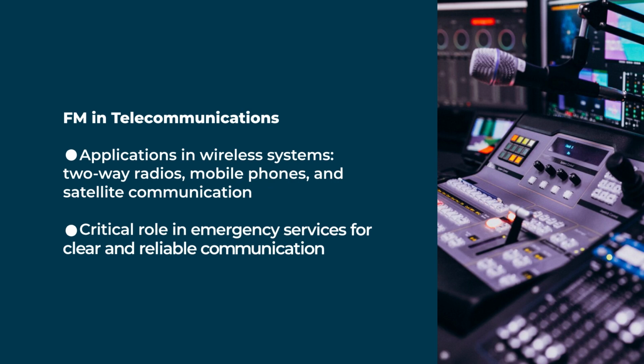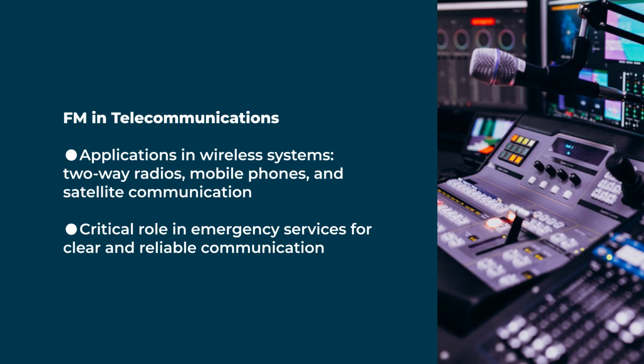In telecommunication, FM is used in various wireless communication systems, including two-way radio, mobile phone and satellite communications. Two-way radios, such as those used by police, fire services and other emergency response, rely on FM for clear and reliable communications.